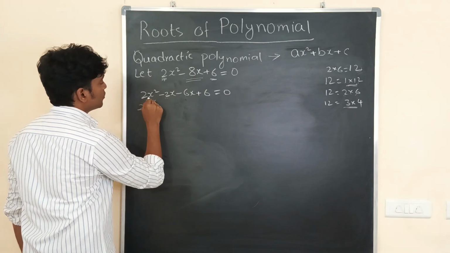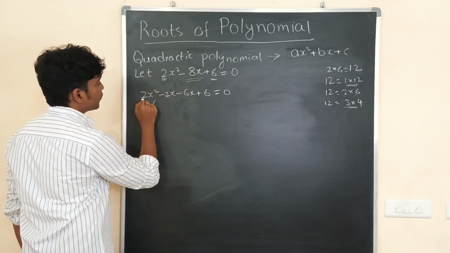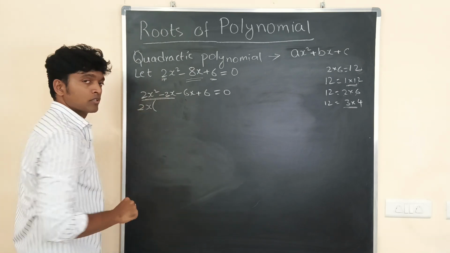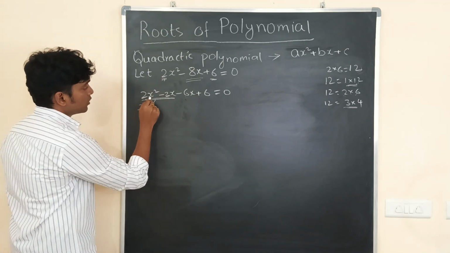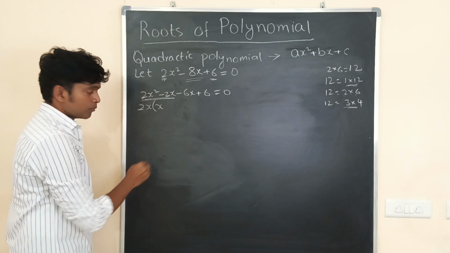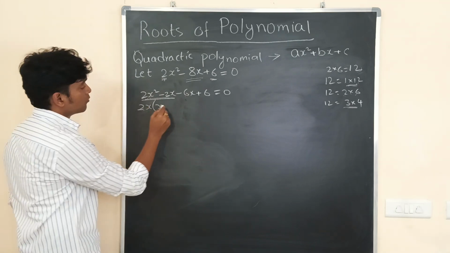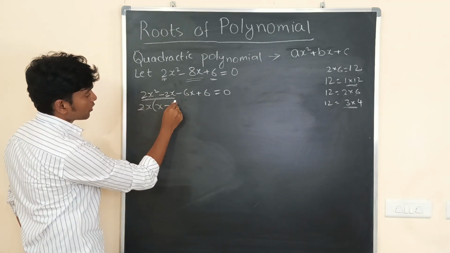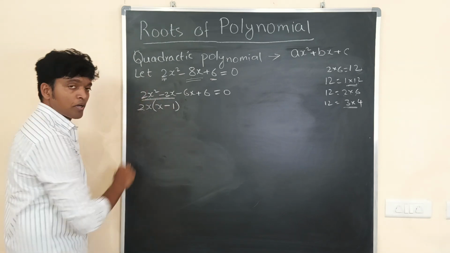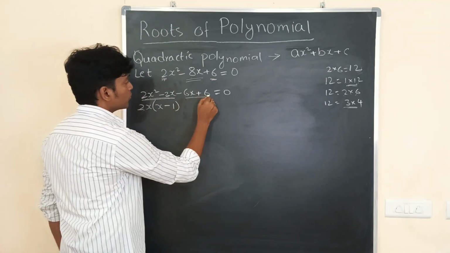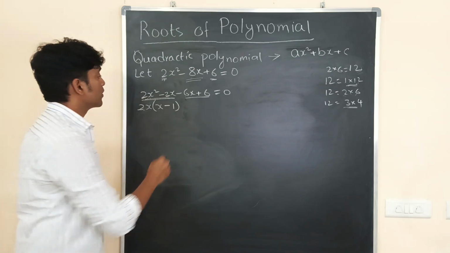Now taking 2x common from these two elements, what will we get? 2x into x, because 2x into x is 2x square, minus the remaining 1, because 2x into minus 1 will be minus 2x. From these two, take minus 6 as common.